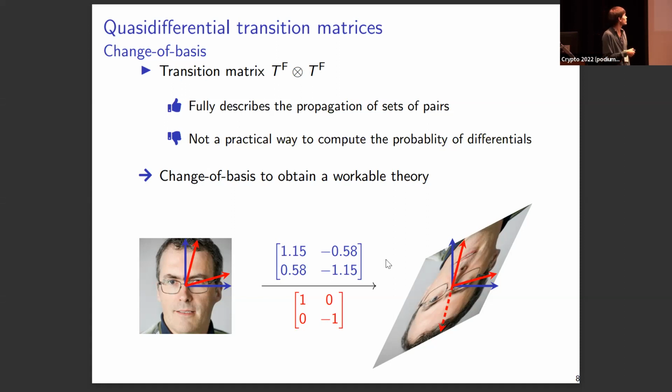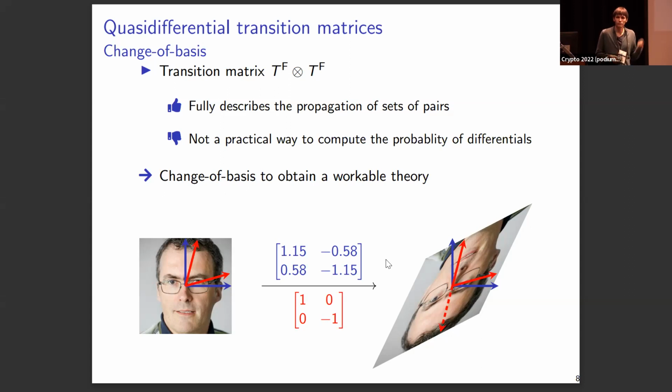But if you choose, for example, the red basis, then it suddenly becomes a diagonal matrix, which is much nicer to work with. For choosing this red basis, I chose vectors such that anything parallel to this vector will be mapped to itself, and this one just gets flipped, right? So that's why this is a diagonal matrix.